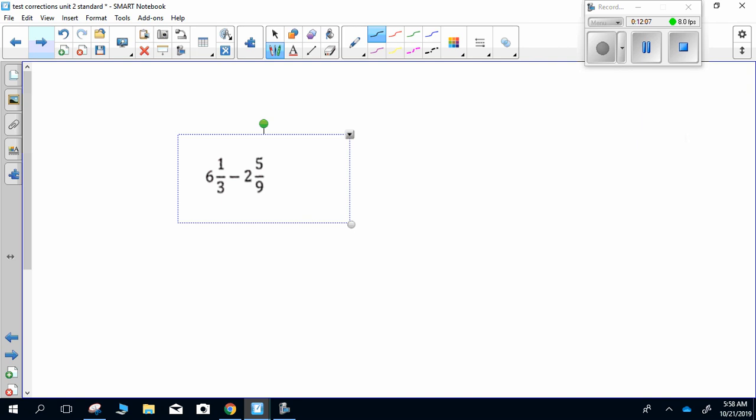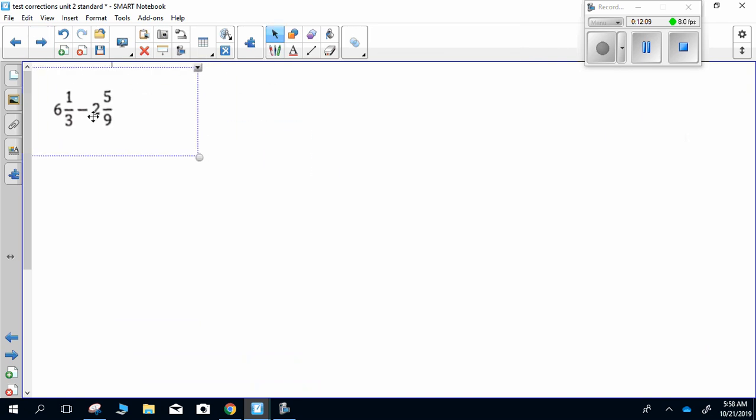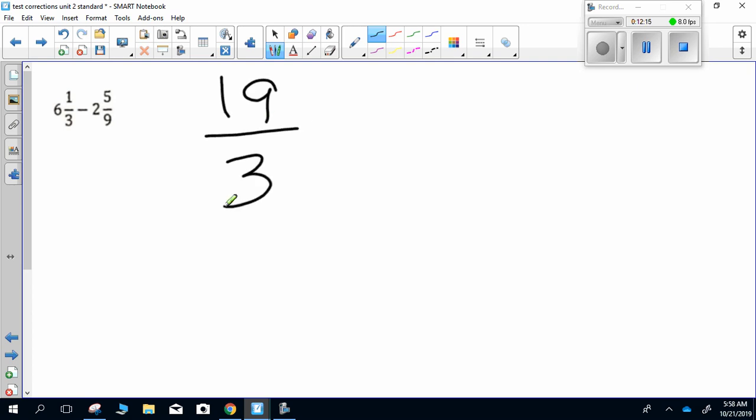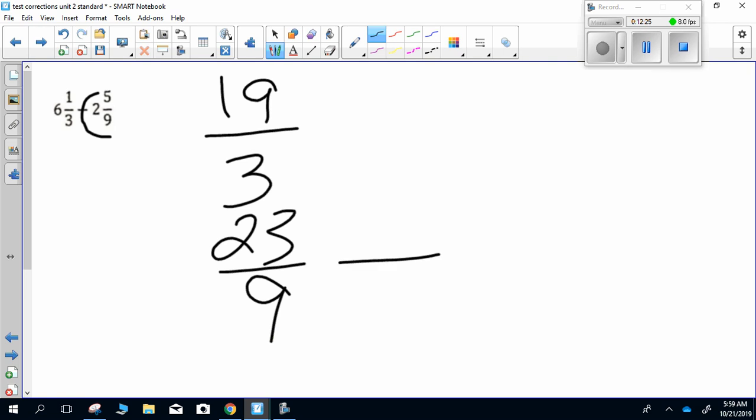And then the last question, 6 and 1/3. So that's 19 over 3, and 18 plus 1 more, plus 5 more is 23 over 9. Common denominator is going to be 9. 19 over 3 times 3 is 57.